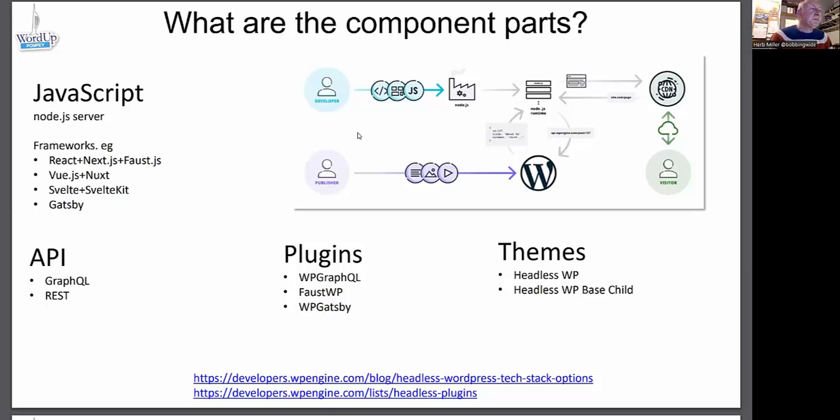The different frameworks that people use to create headless things are React, which is what's used in Gutenberg and Facebook, Next, and Faust.js, which is what we'll see from the solution from WP Engine. Then there's Vue.js and Nuxt, whatever that is, Svelte and SvelteKit, and also a thing called Gatsby.